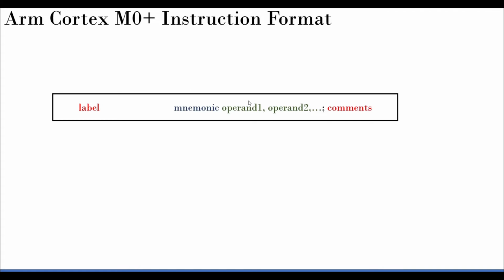Then the operand is the registers, or it can be some location or whatever. And then of course we do have the comment. It is interesting to note that the semicolon starts the comment. Whatever you write after the semicolon won't be considered for compilation, or for assembling.